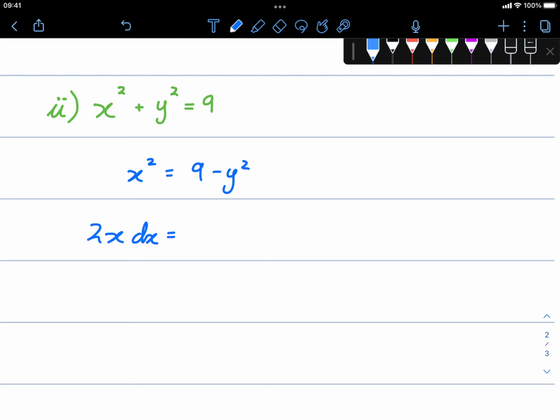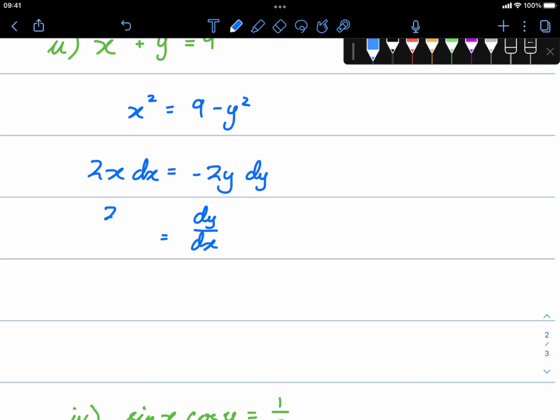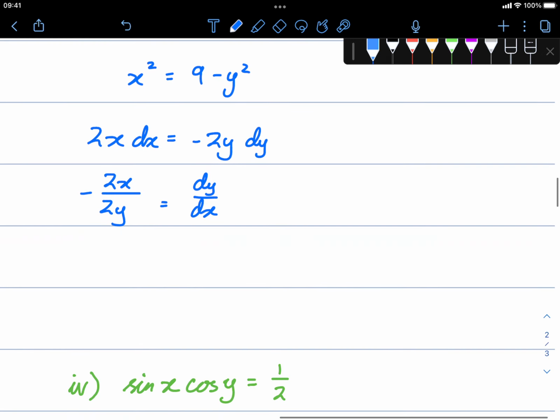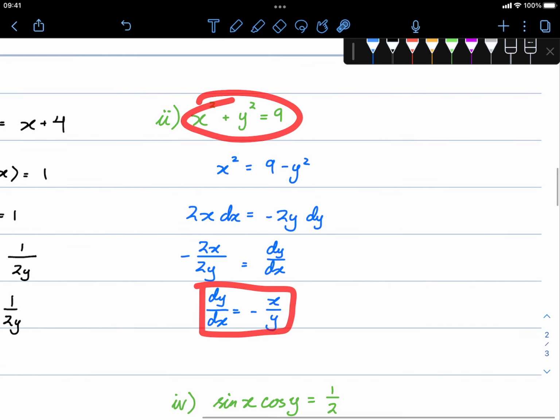And on the right-hand side, I get negative 2y dy. Dividing both sides by dx, my right-hand side becomes dy on dx. And dividing by negative 2y, I get 2x over negative 2y, which finalizes to dy on dx is negative x over y. This is the derivative of this circle.